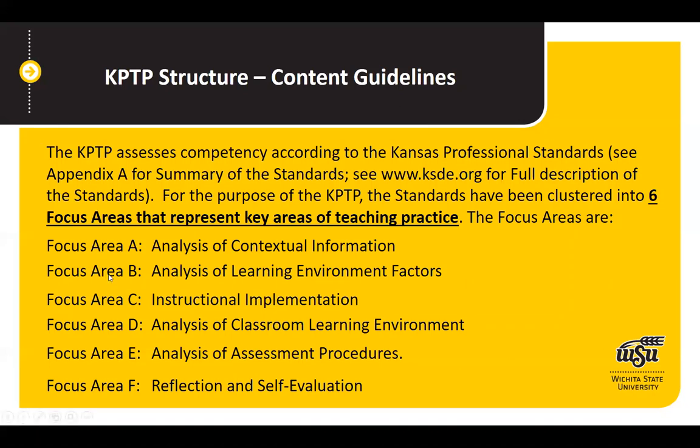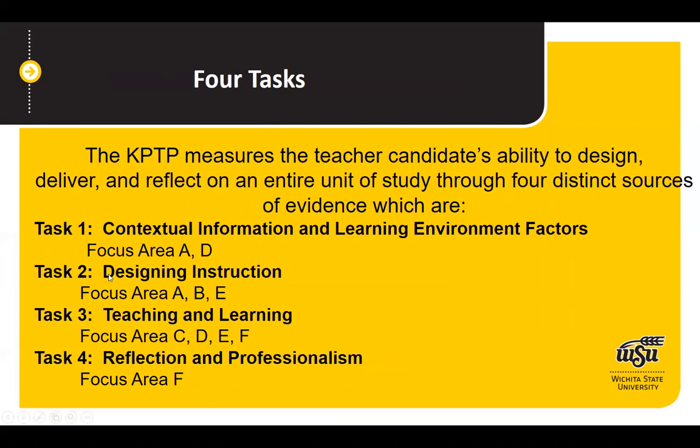In addition to these focus areas, the KPTP will look at 4 tasks. It will look at your contextual information and learning environment factors. It's going to look at your ability to design instruction. It's going to look at your task of teaching and learning and your task of reflection and professionalism.